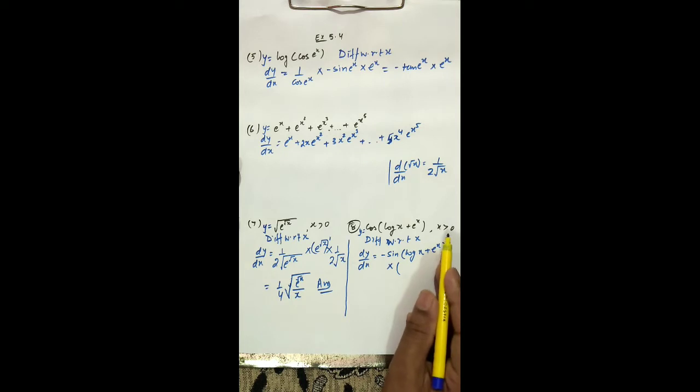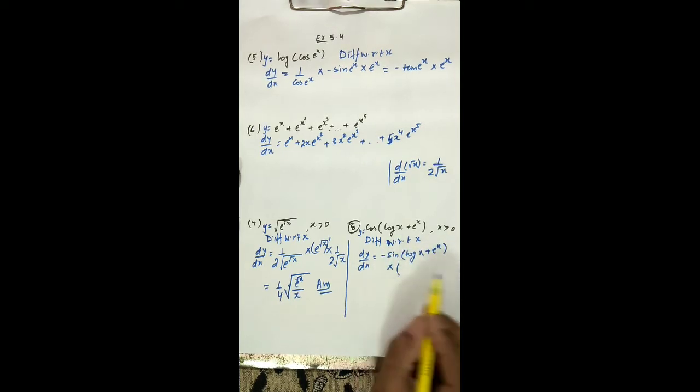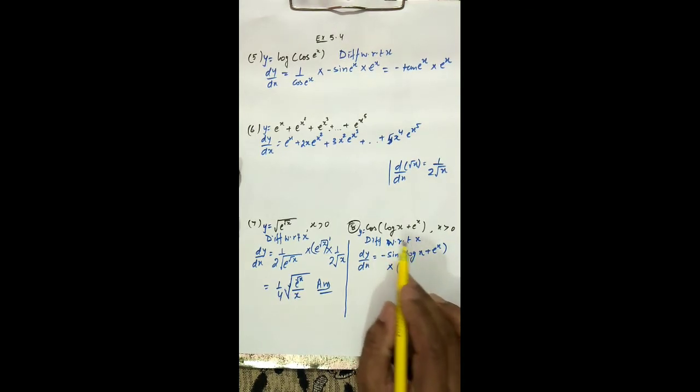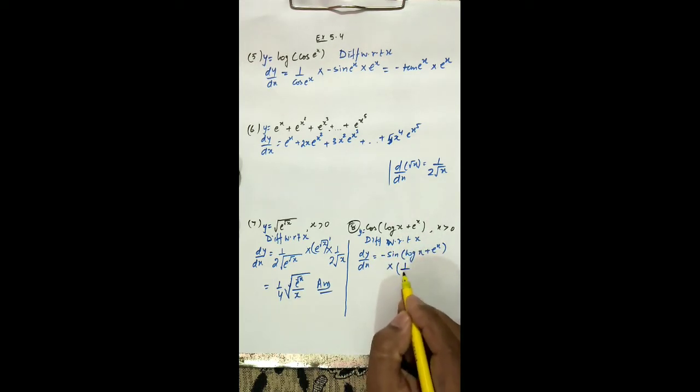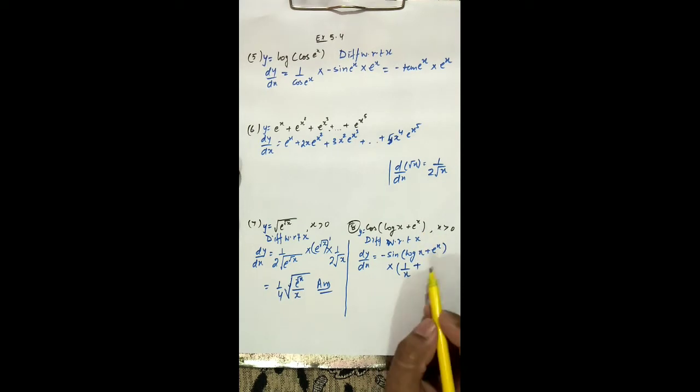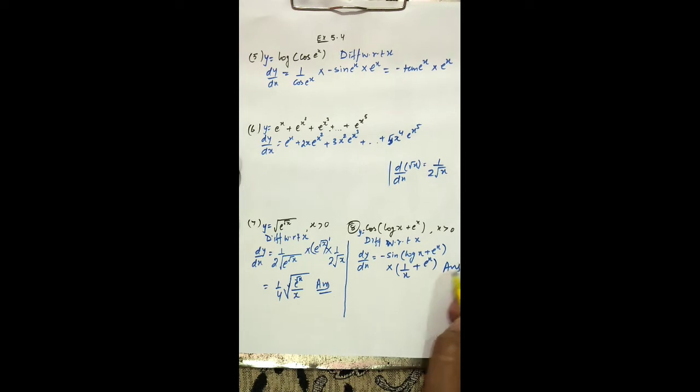It's already given that x is greater than 0, so you have no need to mention anything, or you need not write 1 upon mod x. So x is already positive, because log x is always defined for positive numbers. So now this will be 1 upon x, and the derivative of e^x will be e^x. So that is your final answer.